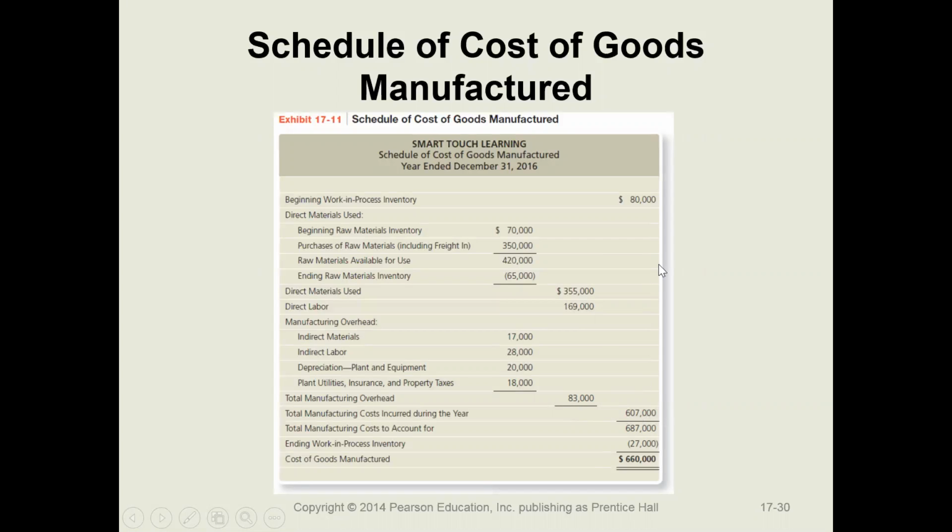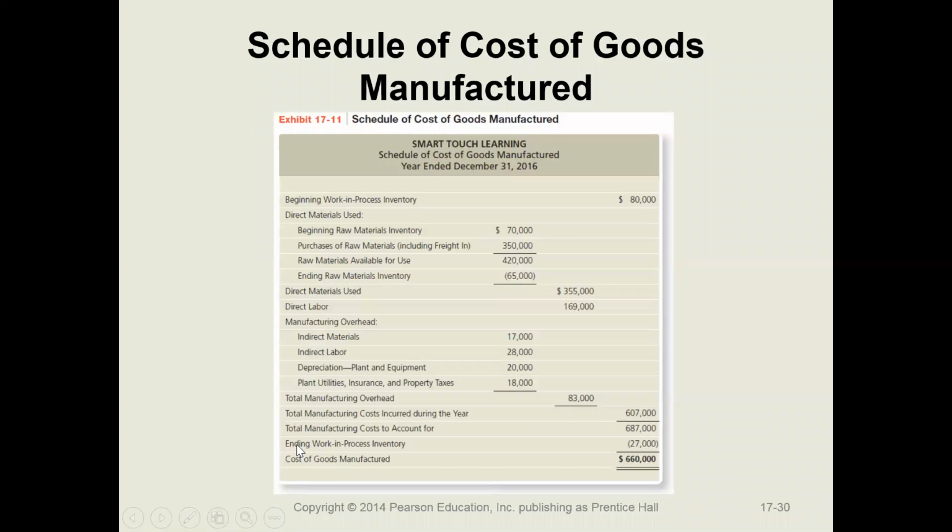You add to that the beginning work in process inventory to get 687,000, in this case, the total manufacturing cost to account for. So again, this line, total manufacturing cost to account for, is your total manufacturing cost, which is direct materials used, direct labor, and then total manufacturing overhead, plus the beginning work in process.